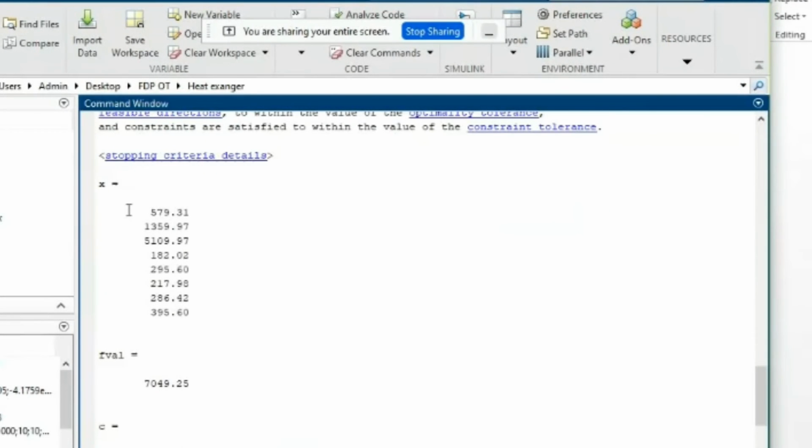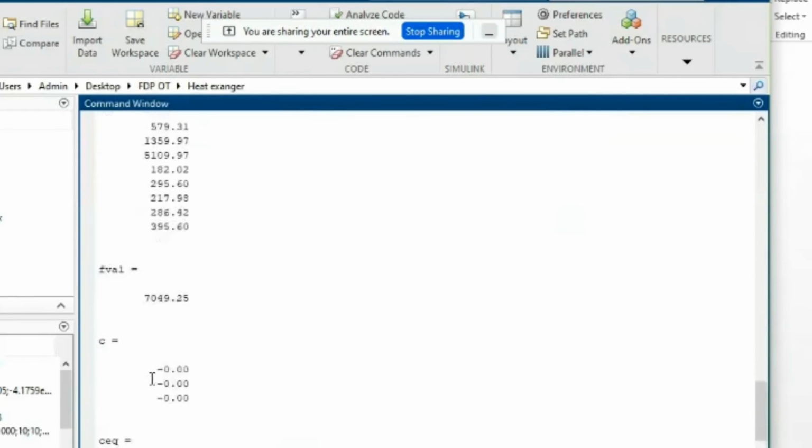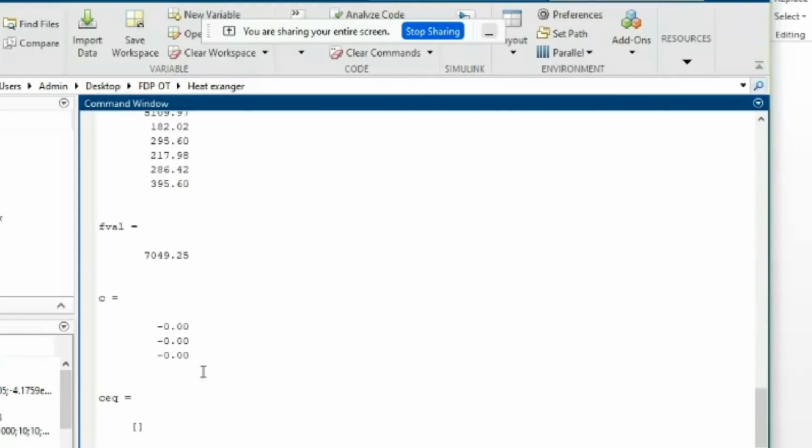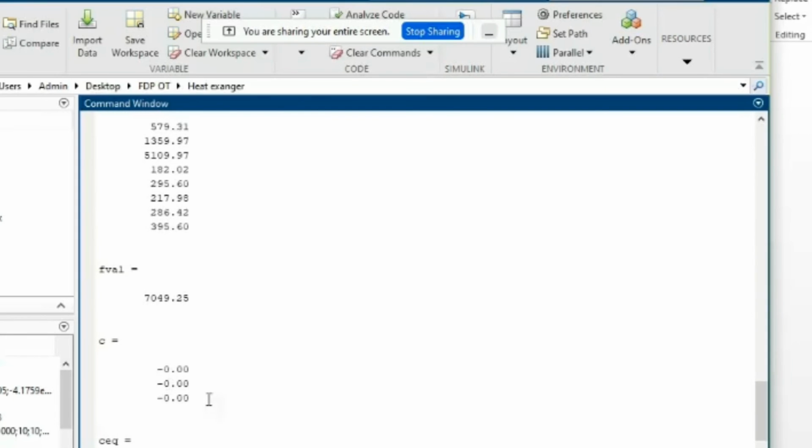So this is the solution of all 8 variables, x1, x2, x3, x4, x5, x6, x7, x8, then the objective function value, and then the values of the 3 nonlinear inequality constraints. Here actually the value is not 0.